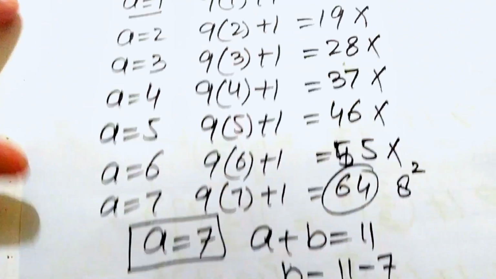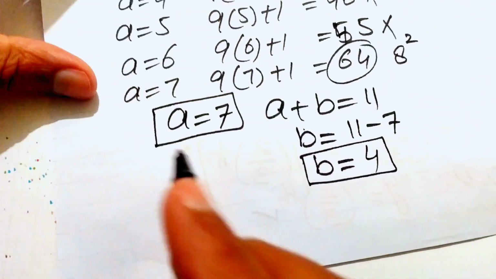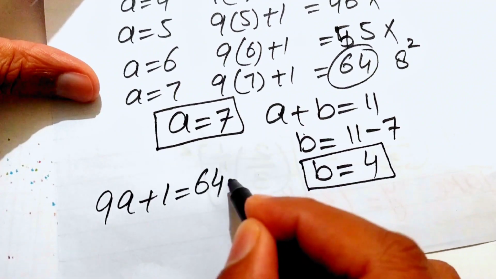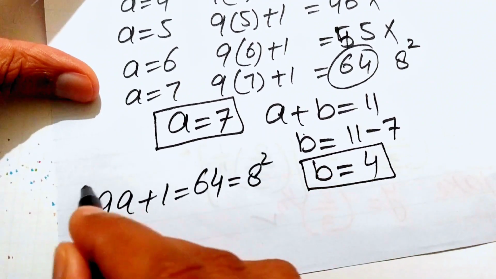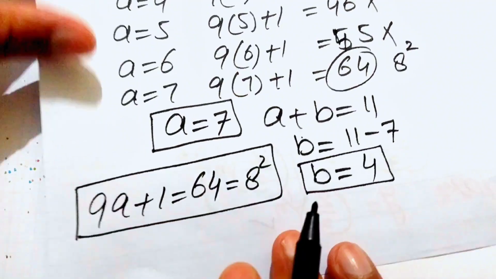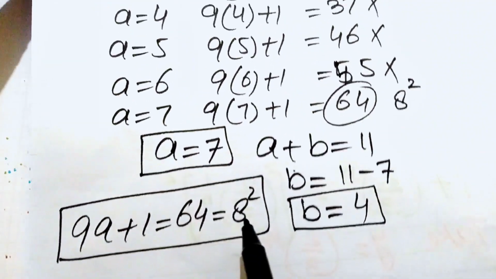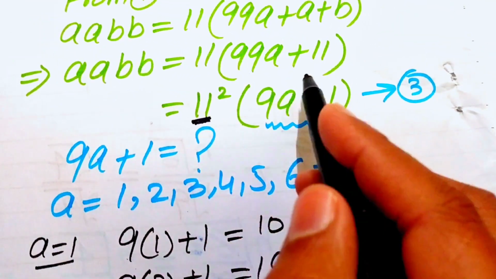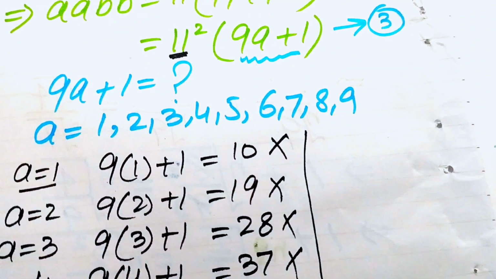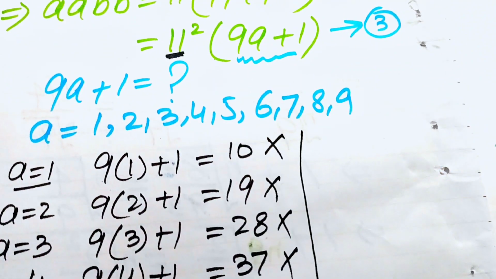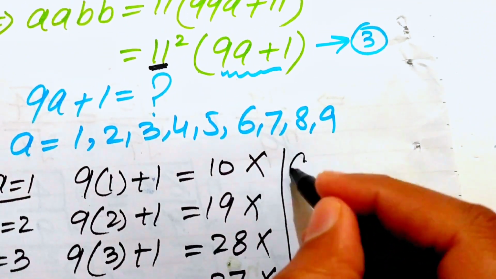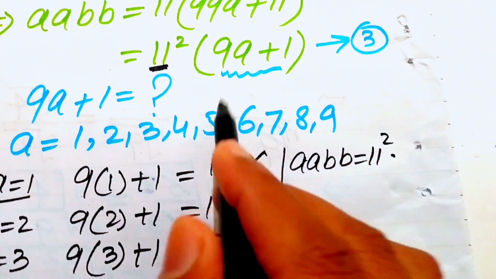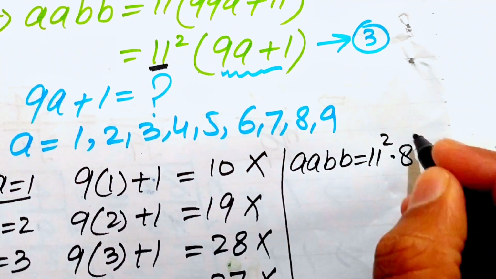And 9a plus 1 equals 64, and 64 equals 8 square. We put 9a plus 1 equals 8 square in equation number 3, so we get 11 square into 8 square.